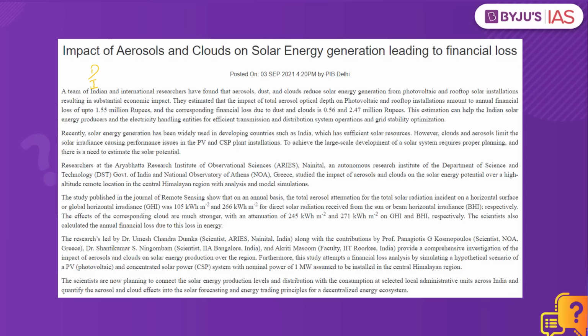What is this direct effect? Basically, the aerosols scatter the sunlight directly into space. Since they are suspended particles, when the sunlight hits these particles, it directly radiates back into space. That is the direct effect.